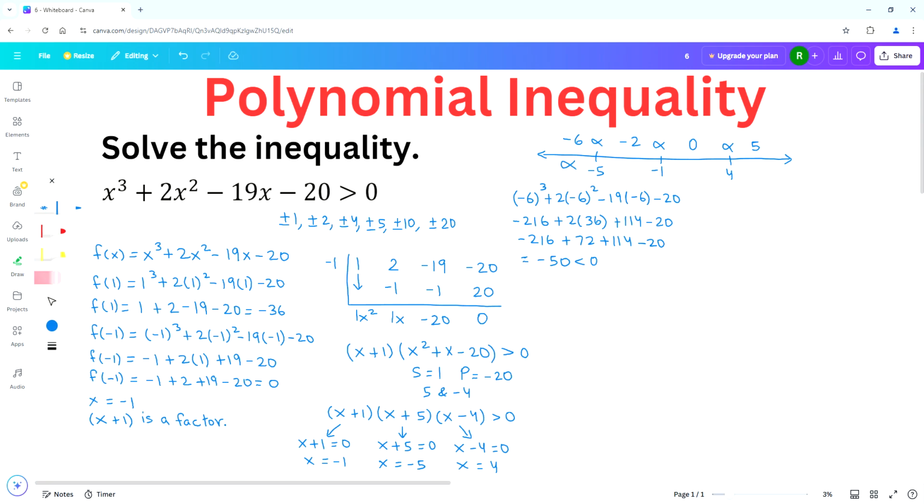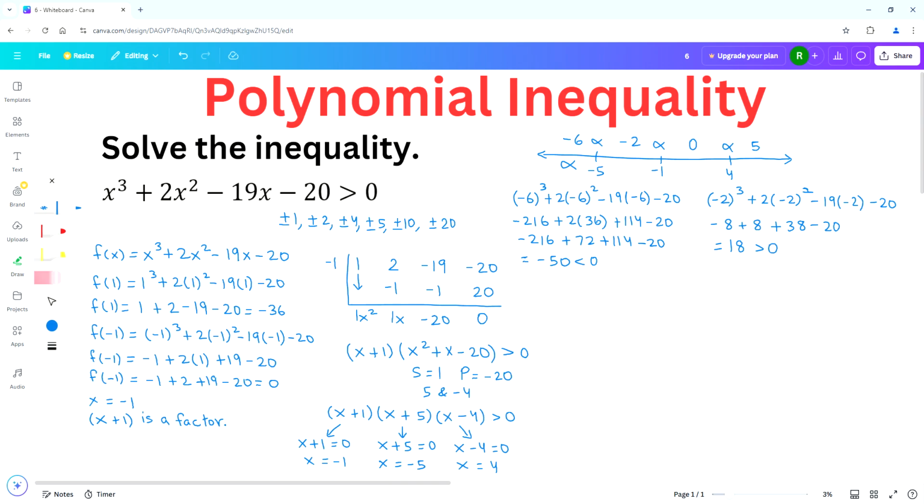Now we can use the test value negative 2. I get 18, which is greater than 0.